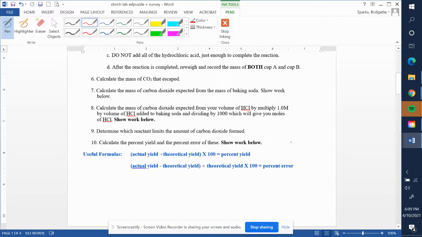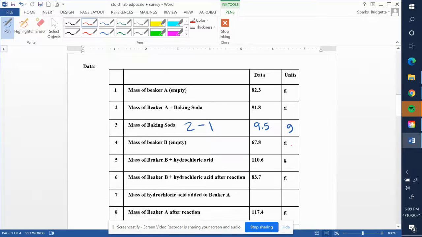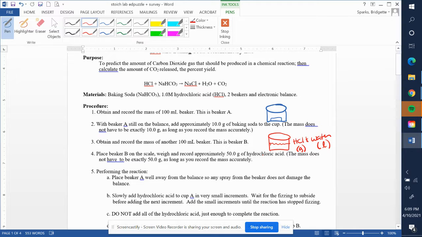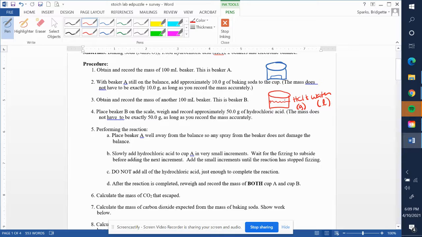And so if we look back to the data, we have that mass of the beaker when it was empty, and then we have the mass of the beaker with the hydrochloric acid in it. It didn't have to be exactly 50 grams again. And then what we did, we go back to the directions. It says to perform the reaction. And so we slowly added the red beaker to the blue beaker, in small quantities.